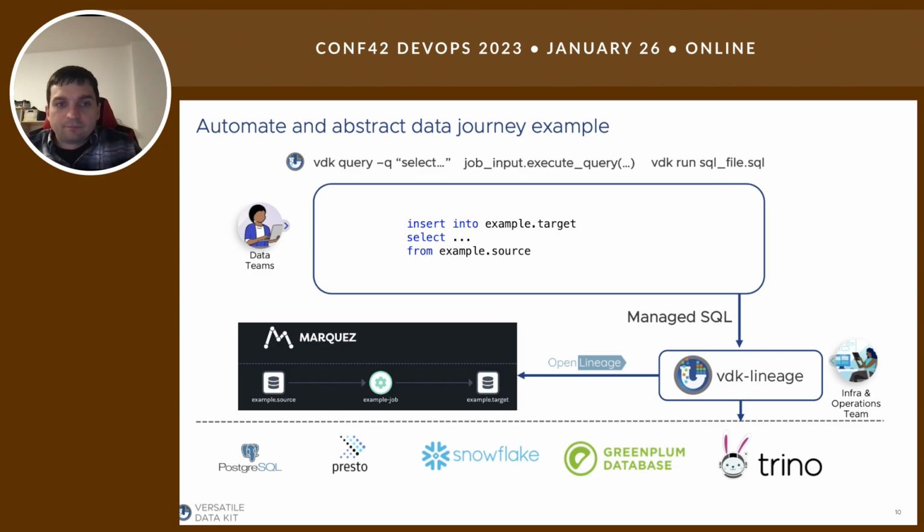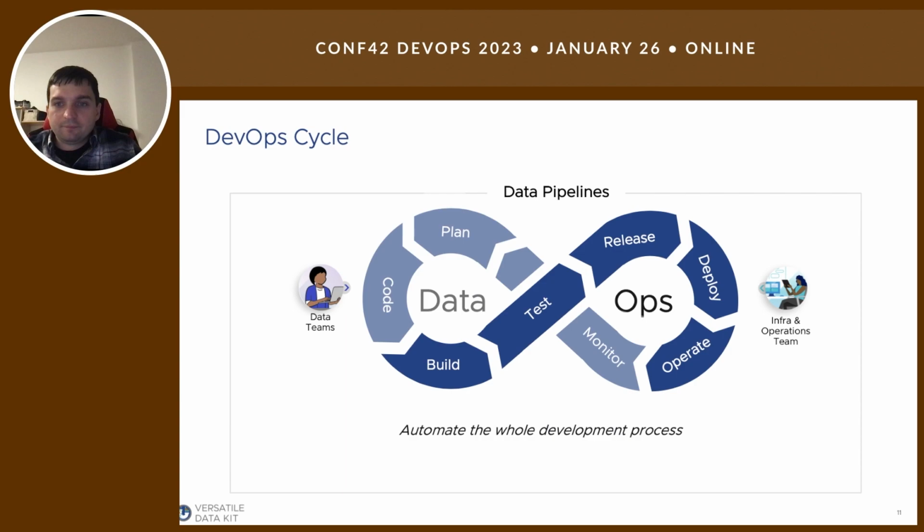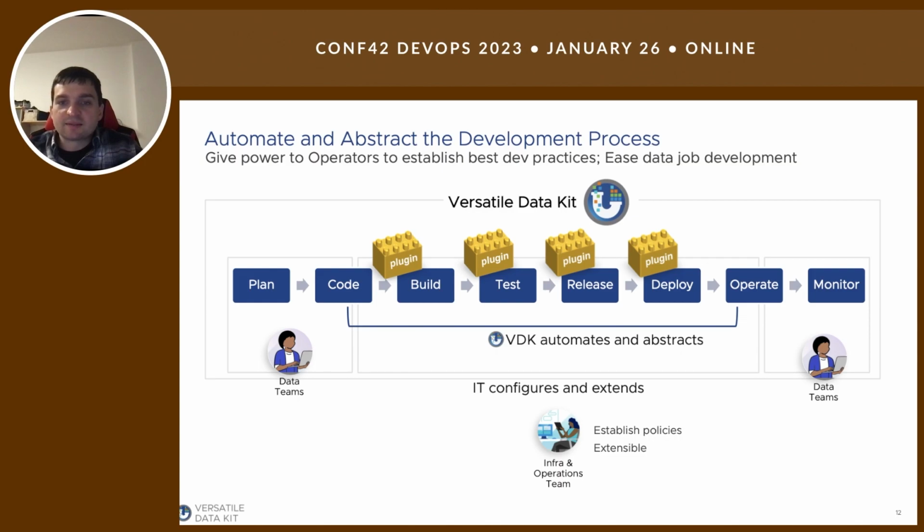And then let's look at the DevOps cycle. Can we do something to automate the development process, at least the DevOps cycle part? What Versatile Data Kit, and the control service in particular, does is flatten it. It's important to provide a self-service environment for data engineers to create end-to-end data pipelines.